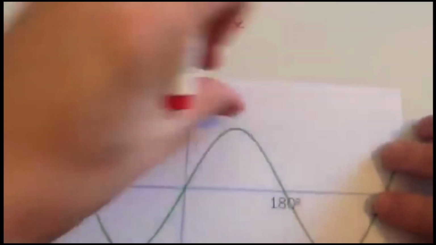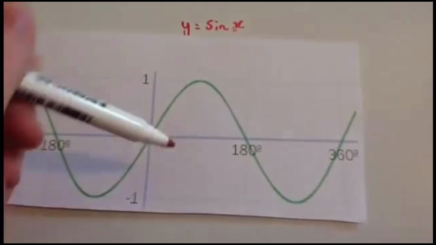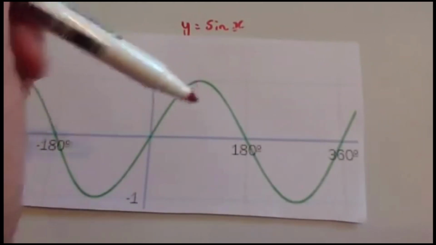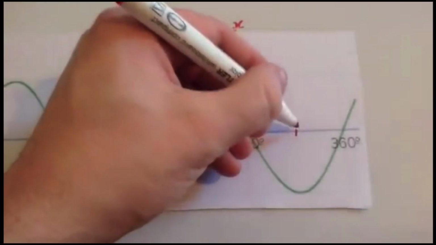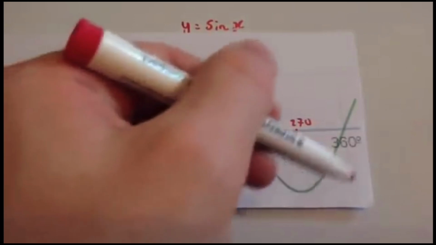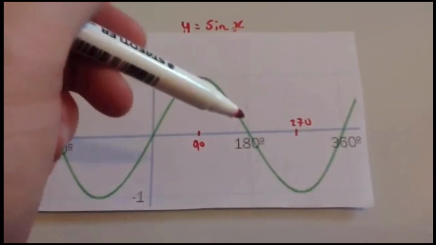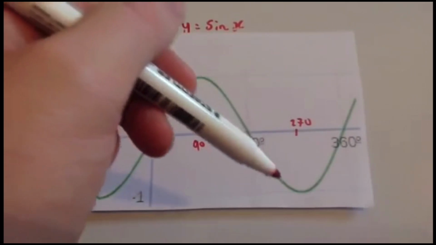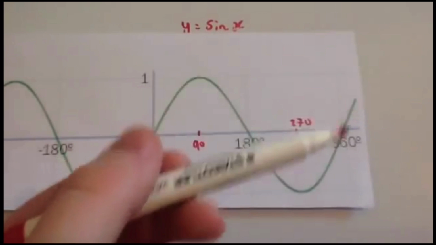Okay, let's say I have already drawn the graph. It looks like this. Let's study the shape of the sine graph. 90 degrees is there because it is a peak, the highest point. Then it goes back to 0 at 180. Then 270 is the lowest point for the sine graph. From 0 to 1, then back to 0, then to minus 1, and then back to 0, and so on.